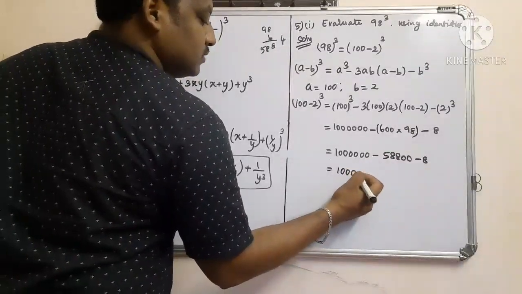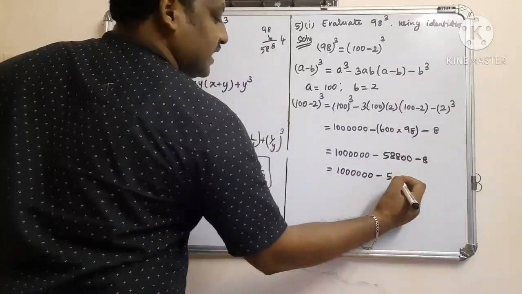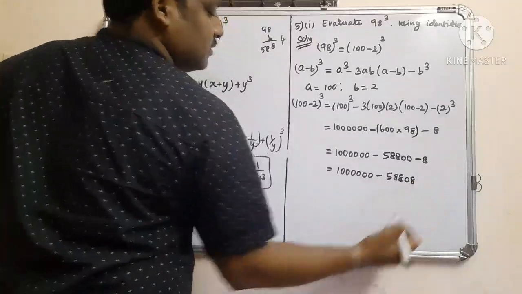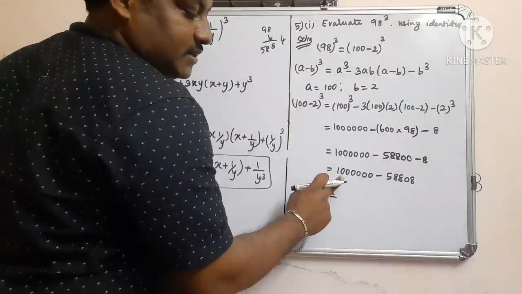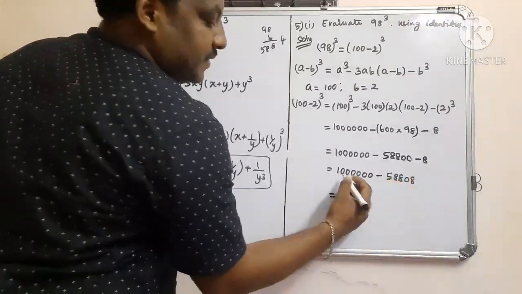So now we have to subtract 10 lakhs minus 58,808.